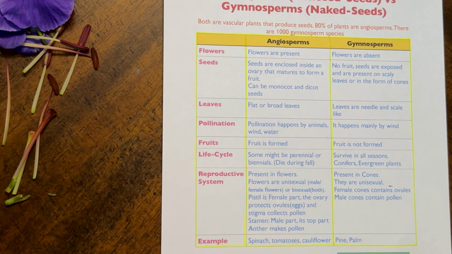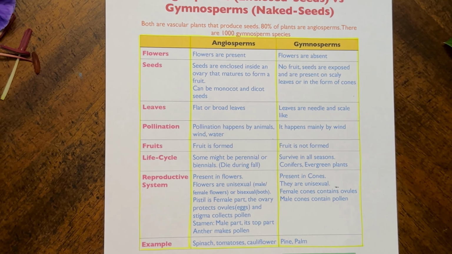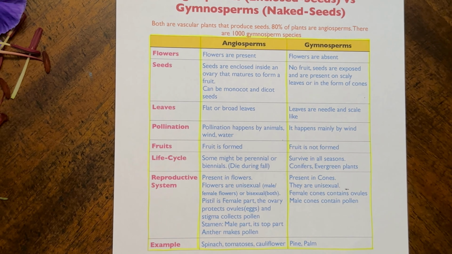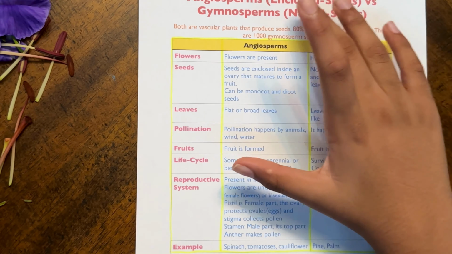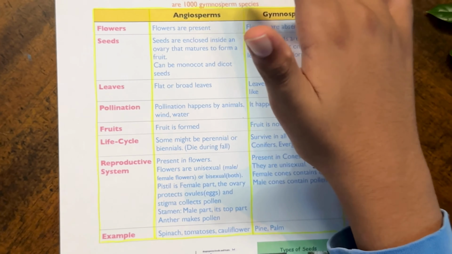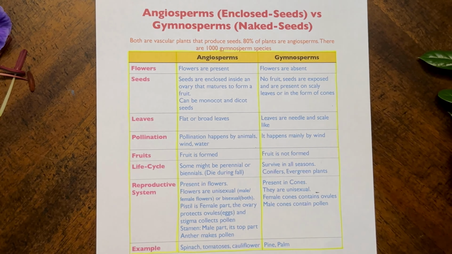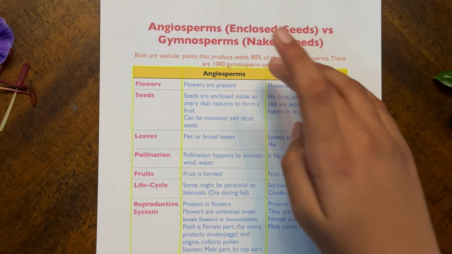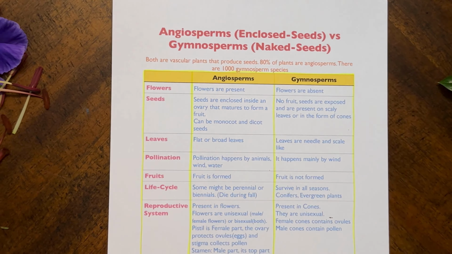In conclusion, the main difference between angiosperms and gymnosperms is that angiosperms have enclosed seeds, so their seeds are much more protected according to the name, and for gymnosperms, their seeds are not that protected, they're out in the open, as the name suggests.